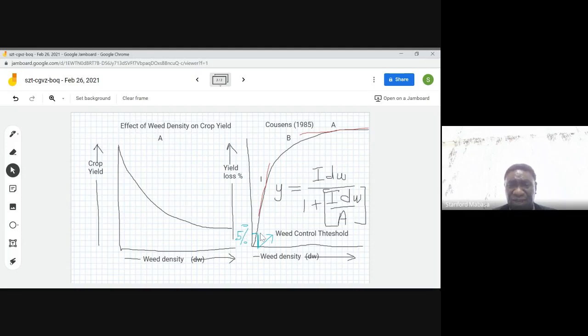You come to your graph, then you read the density, and that density is the one which you say is the weed control threshold. Or you can come into this equation and substitute y with the 5% and solve this equation to get dW.